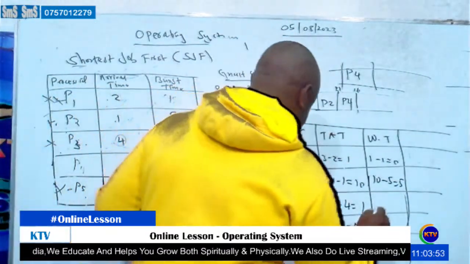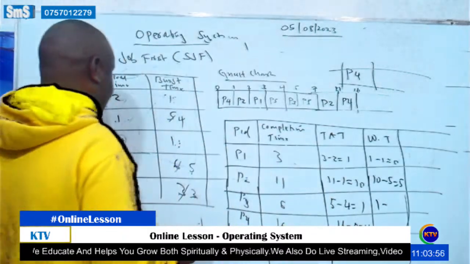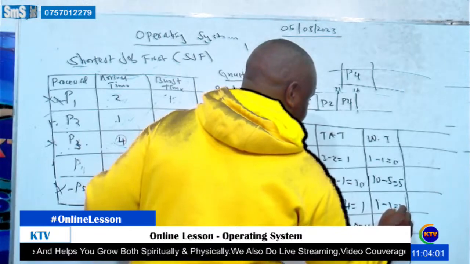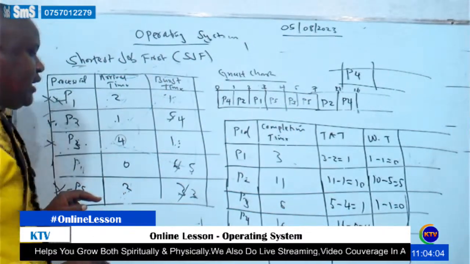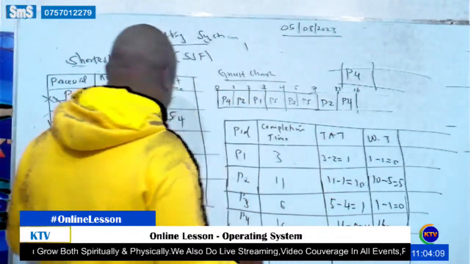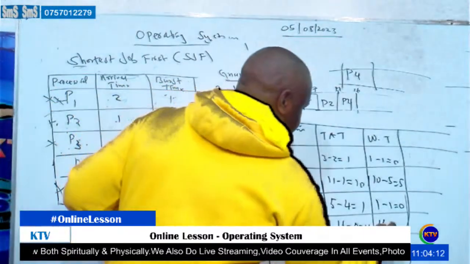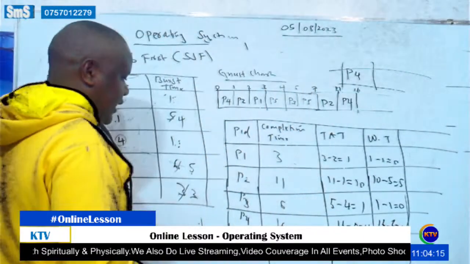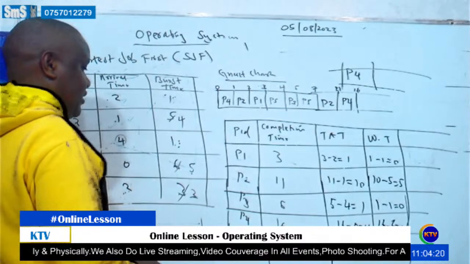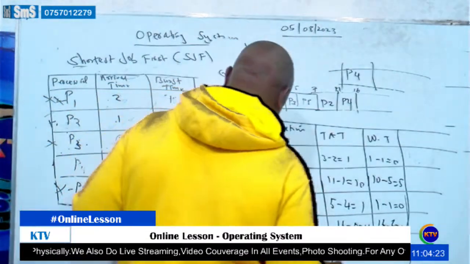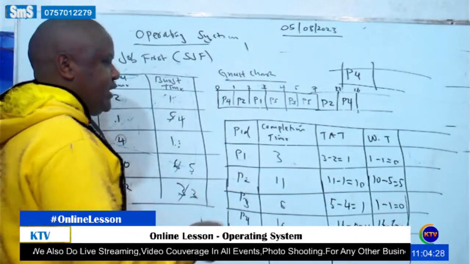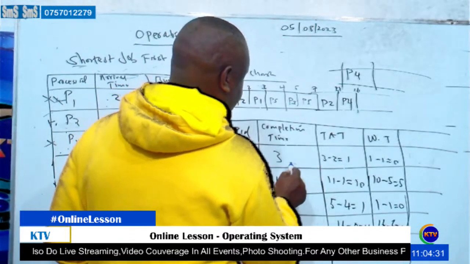Then the turnaround time for process 3 is 1, 1 minus 1 is 0. The turnaround time for process 4 is 16 minus the burst time 6, equals 10. And lastly, we have 5 minus 3, which is 2.